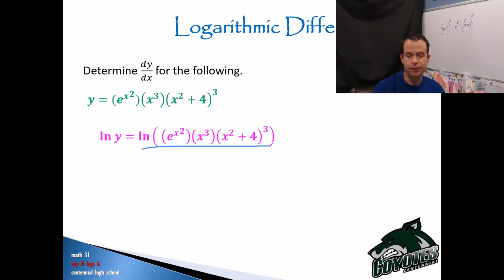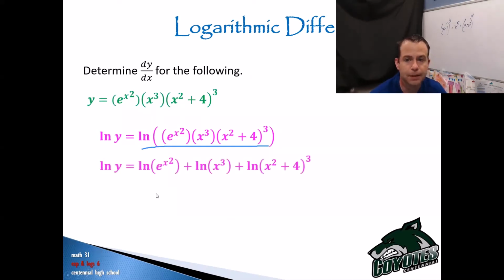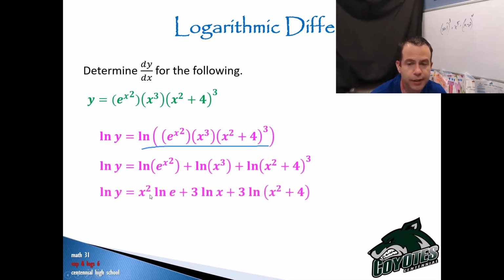And then I can start differentiating that. The next step is to bring your exponents in the front. So that'll be ln y equals 2 x squared, sorry, ln e plus 3 ln x plus 3 ln x squared plus 4. I'm using that power log law to move all the exponents into the front.